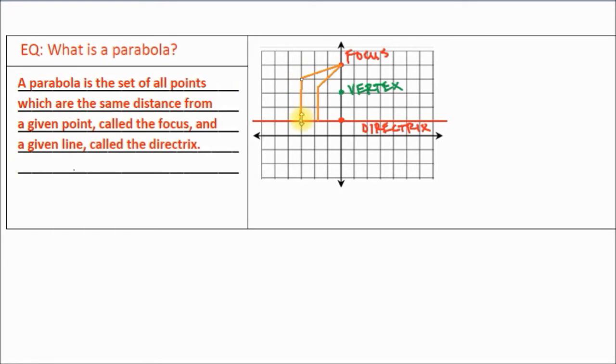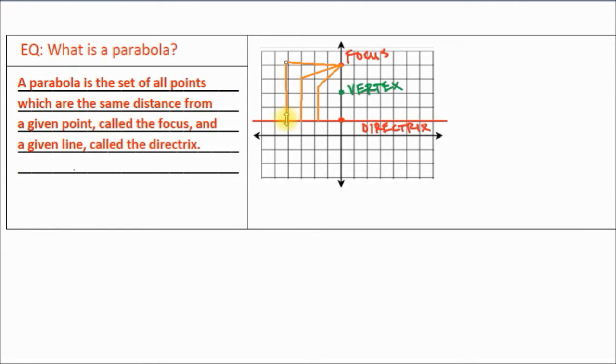So I'm just estimating this. Let me get that to be straight up and down. Then I'll do one more line segment away from the focus. You can see if I draw that line segment, it looks like that's about this far away from the directrix.